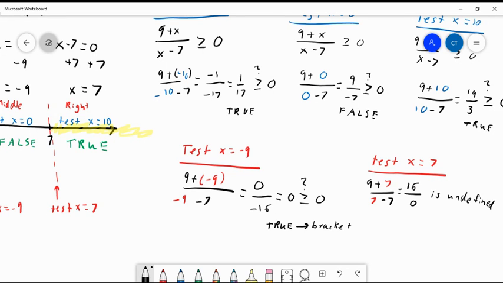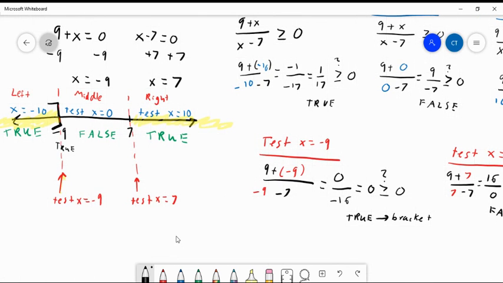If it is undefined, it's not bigger than or equal to 0. It's false. You can't divide by 0. Dividing by 0 is bad. And if you test an endpoint and end up with a false statement, that means to use a parenthesis on that endpoint. So we are going to put a parenthesis on the x equals 7 endpoint, again with the ends of the parentheses pointing towards the shaded region.